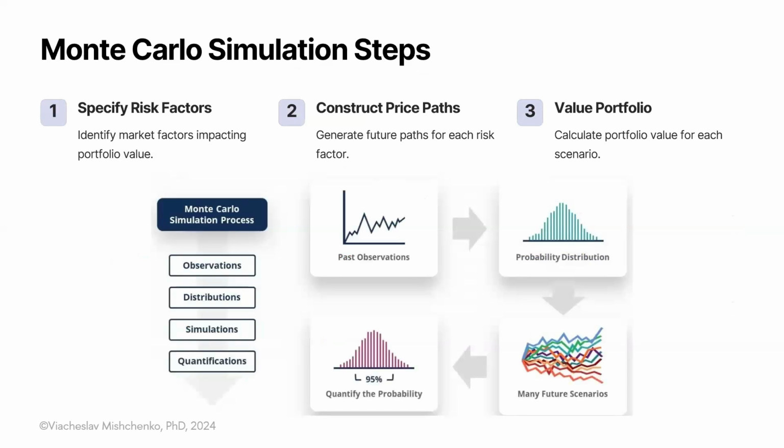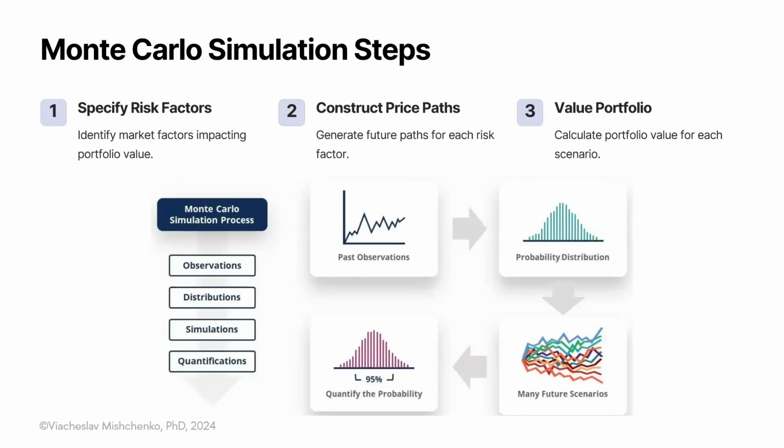The first step is to specify all the relevant risk factors. This is a very crucial first step, and during this step, we need to identify all market factors that could significantly impact our portfolio value.